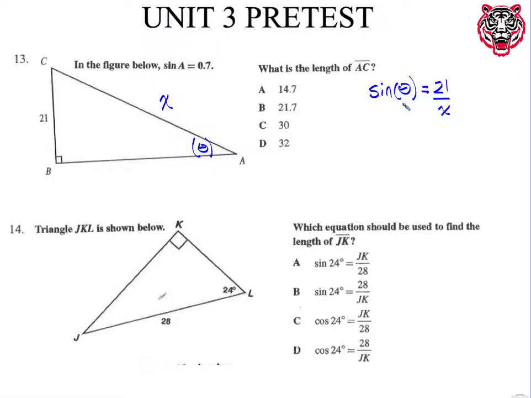But I know what sine of that angle is. Technically, I should have put sine of A. That is, this whole thing right here, sine of theta, is 0.7. So I can say 0.7 is equal to 21 over x.